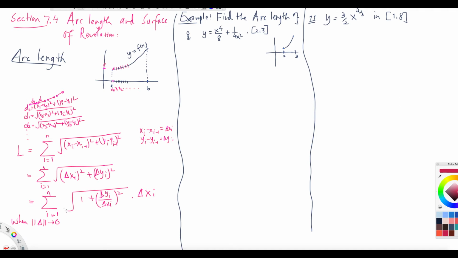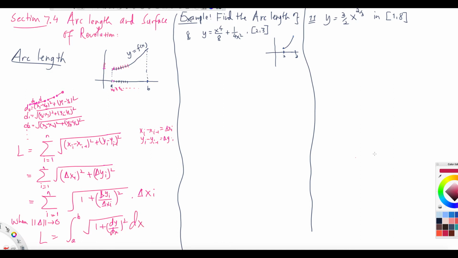So this summation will go to, so L will become, the integral from a to b of the square root of 1 plus (dy over dx) squared, times dx. That's what you get.